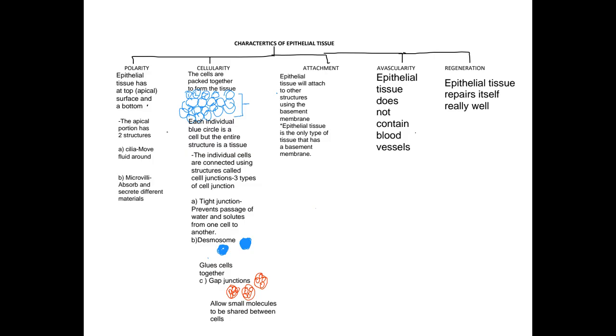Okay, so now we take a look at how we are able to recognize epithelial tissue. Okay, so if we are characterizing them and recognizing them, we recognize epithelial tissue based on how many layers they have of cells, and we use the shape of the cells. Those are the two ways you're going to use to recognize epithelial tissue.